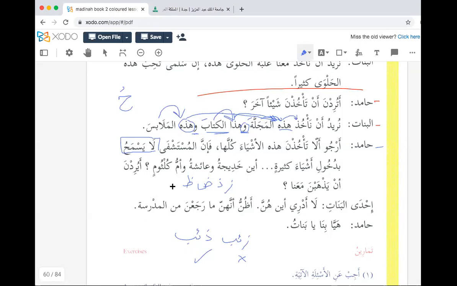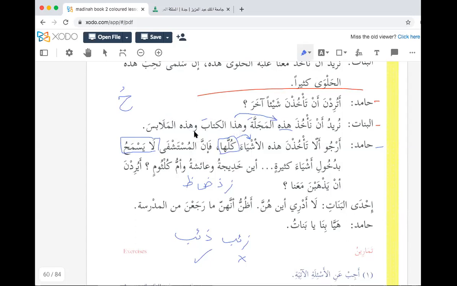Okay. So this is a very interesting line: أرجو أن لا تأخذنا هذه الأشياء كلها. This is a nice one. This كلها could be said to be a na'at of أشياء, but it's actually used for the purpose of emphasis, a harf tawqid.